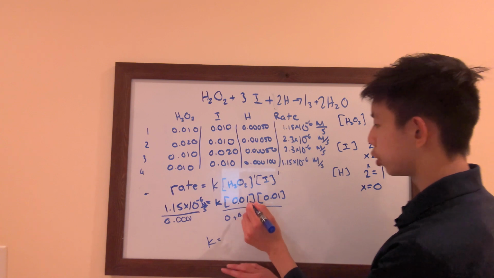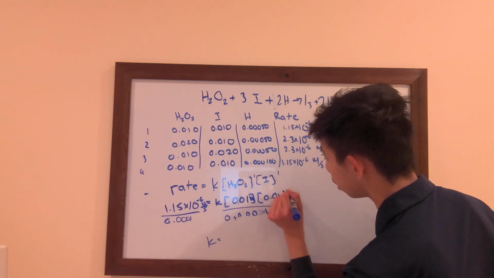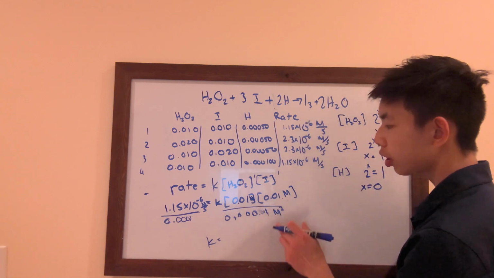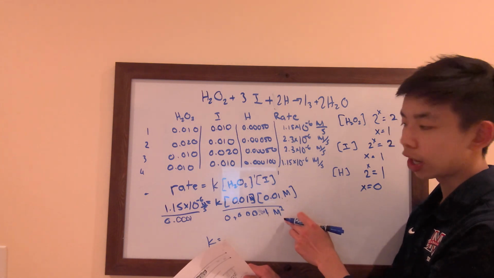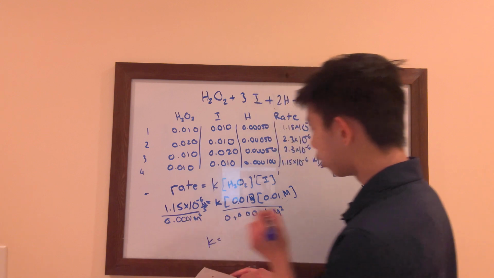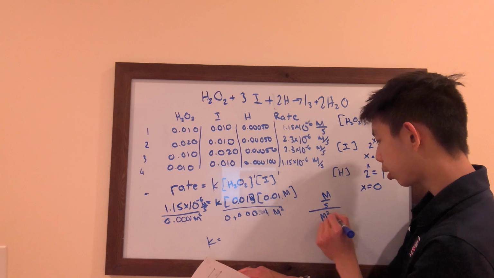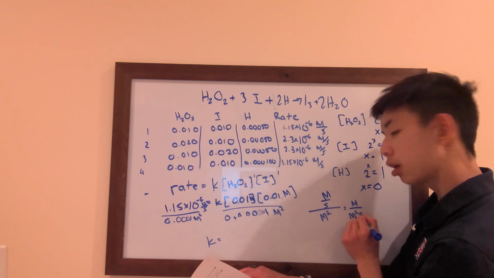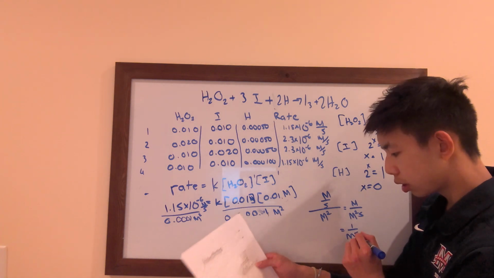This is just 0.01 M, and the same thing, 0.01 M. So you have to divide by M squared, because M times M is M squared, so you can isolate k. So M over s all over M squared gives you M over M squared s, and this will give you 1 over M s.